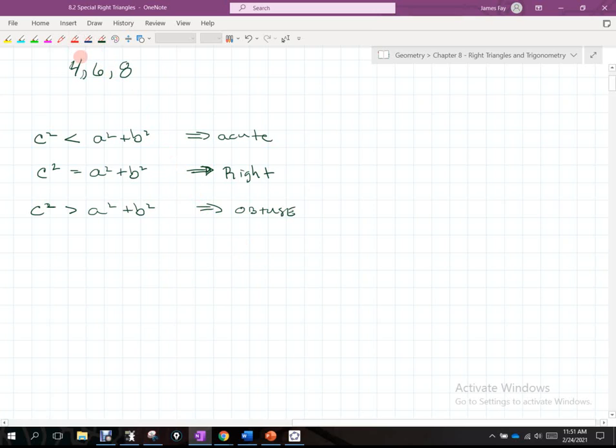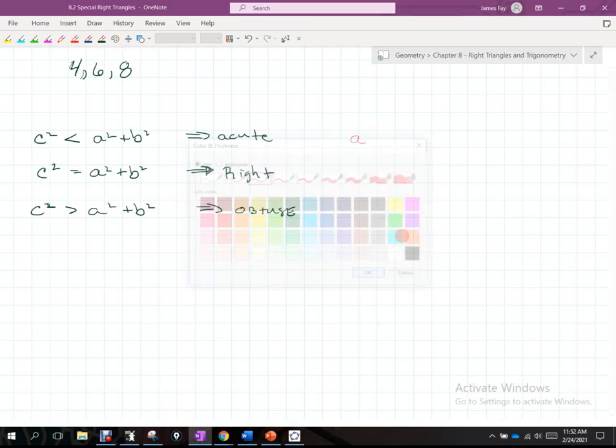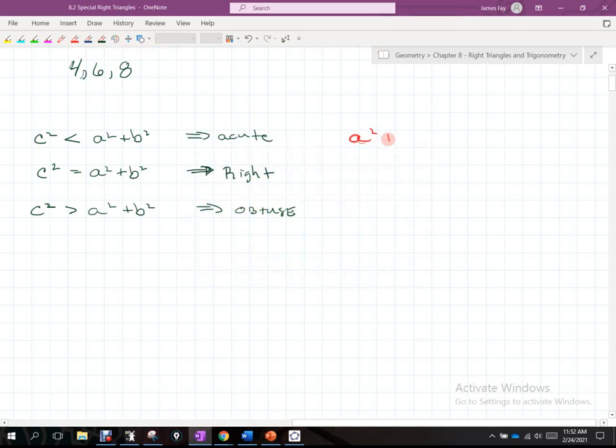Now, because of symmetry with regards to inequalities, some textbooks, I think our textbook, write or explain it as a squared plus b squared.